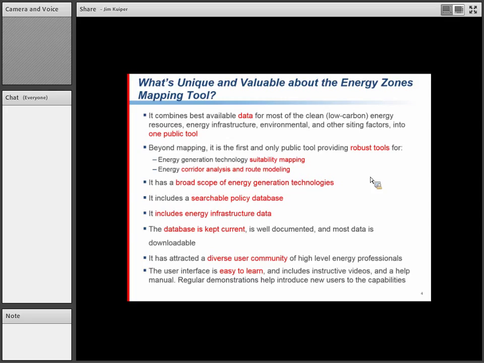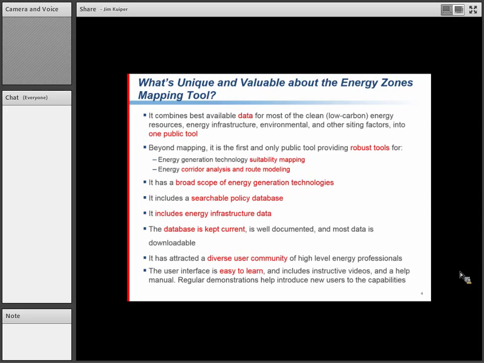On the home page, without registering, you can access the energy policy database, and that has over 2,400 policies related to energy development and regulation that would be needed to consider when you're planning or working with energy projects.